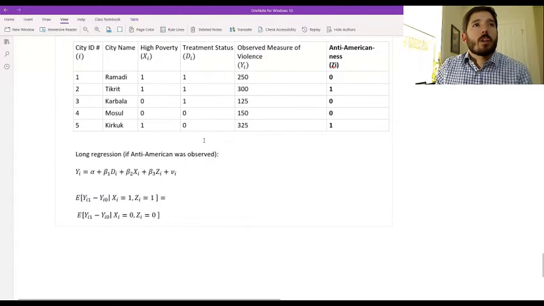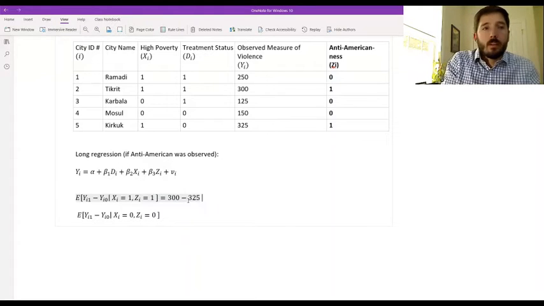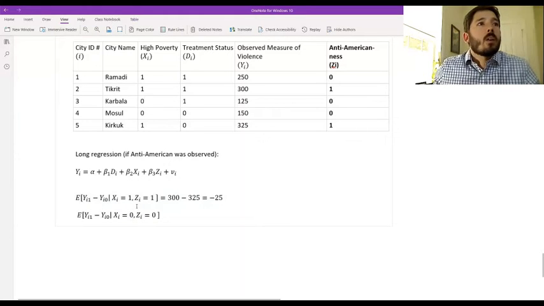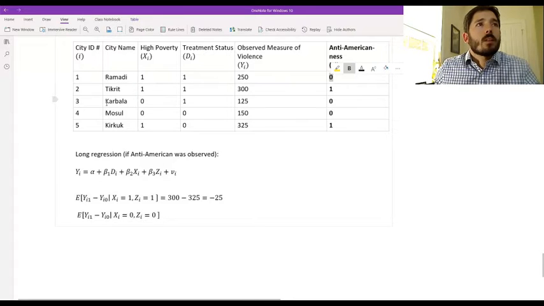Tikrit is treated, Kirkuk is not treated. So we've got 300 minus 325, which is minus 25. Now let's look at the low poverty cities that are not anti-American: Karbala and Mosul.